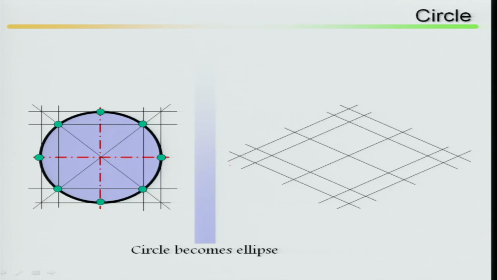Then draw the same dimensions in the isometric scale or isometric view. Then mark these respective points, taking the coordinates by means of the box method, with respect to a reference point, and then draw the ellipse.